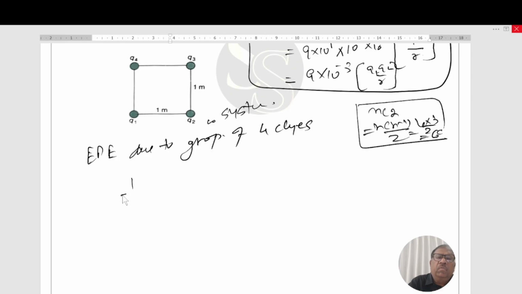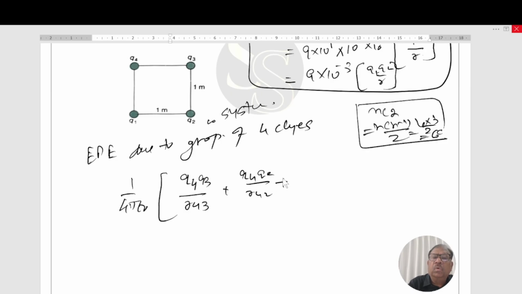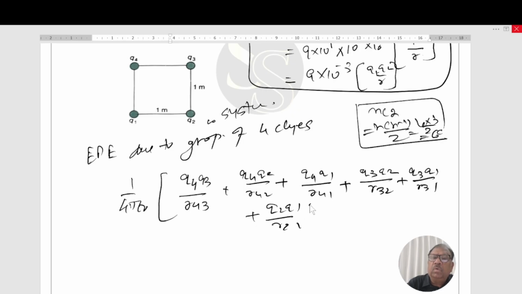How? 1 over 4 pi epsilon naught कॉमन लिया, Q4 से स्टार्ट के ऊपर है, Q4 Q3 R43 प्लस Q4 Q2 R42 प्लस Q4 Q1 R41. 4 वाली सीरीज खत्म, अब 3 से स्टार्ट कर दिया, Q3 Q2 R32 प्लस Q3 Q1 R31. 3 वाली खत्म हो गई, अब Q2 Q1 R21.